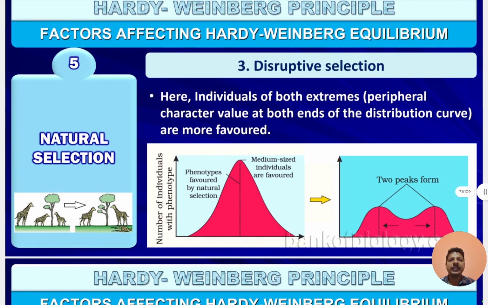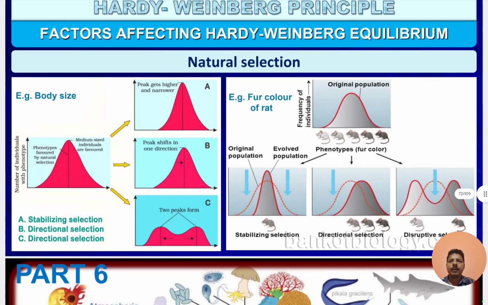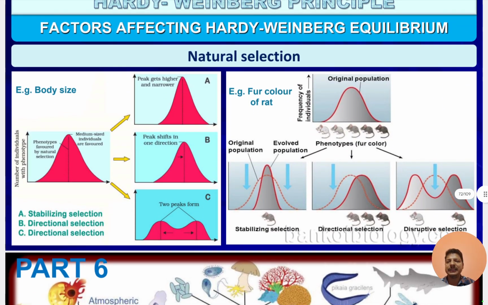And the third one, disruptive selection. Here individuals of both extremes, peripheral character values at both ends of the distribution curve, are more favored, where you can see the curve becomes two peaks. Here is the diagram: stabilizing selection, directional selection, and disruptive selection.